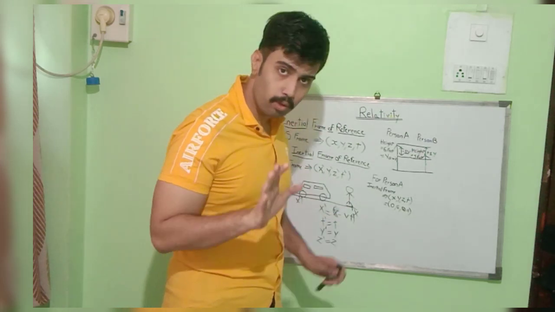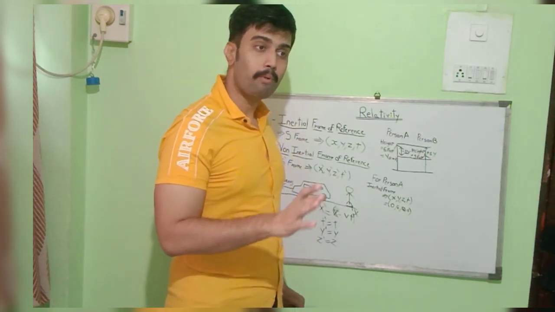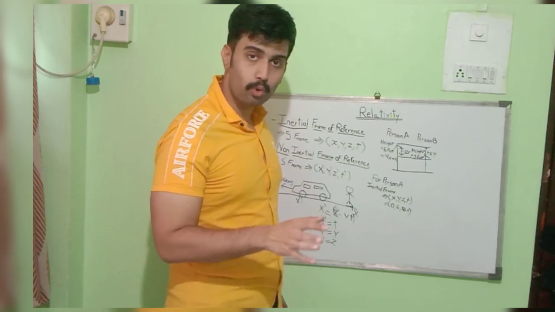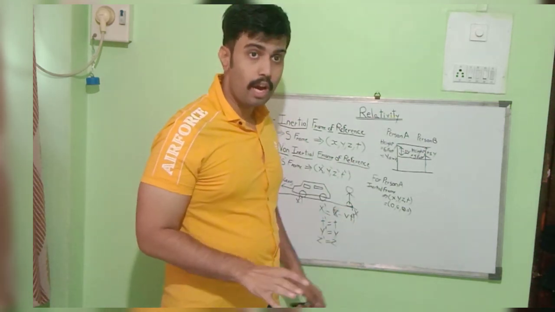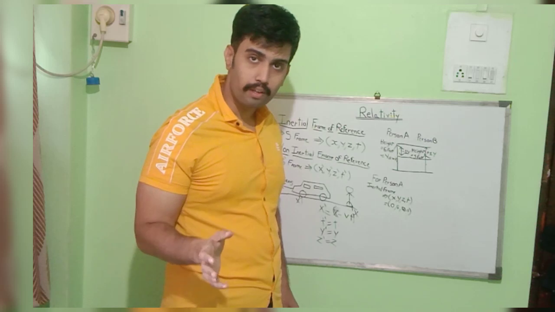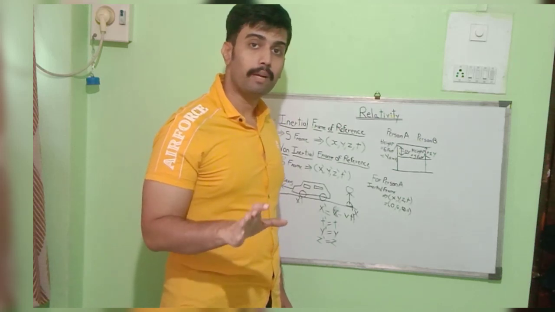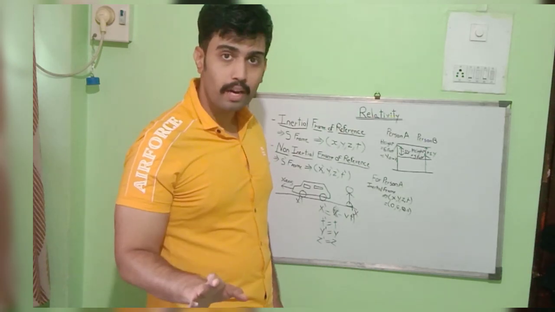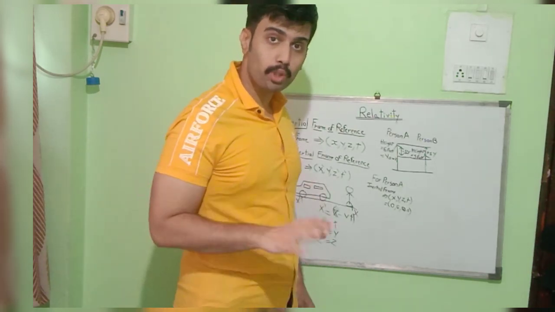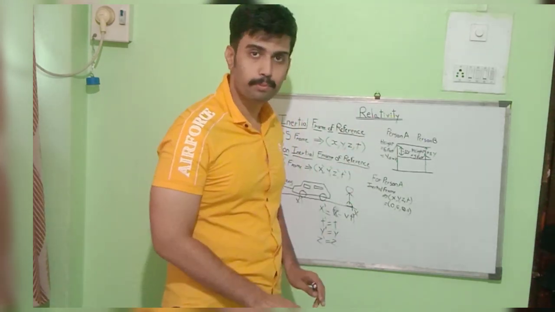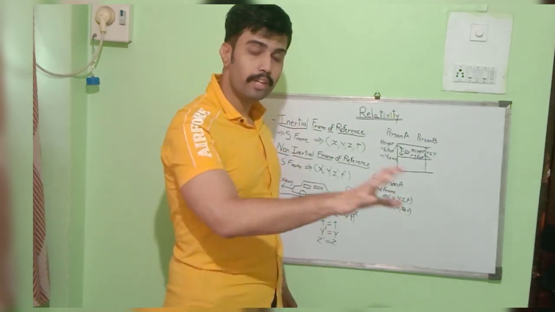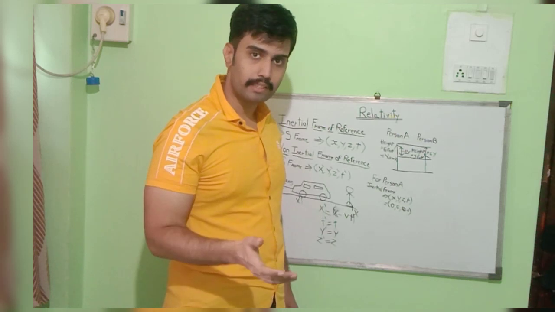Some people will feel normal because their body temperature is the same as the room temperature. And for some people it will be cold, for example when we have fever, our body temperature rises above the atmosphere temperature, and that's why we feel cold. In such a way, according to each person, the frame is changing.